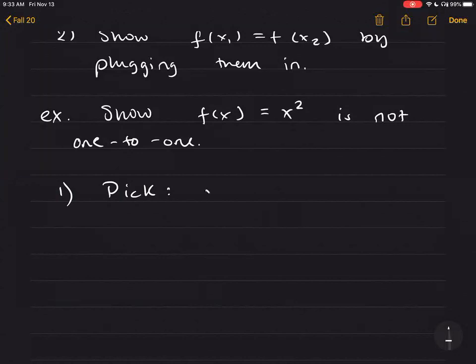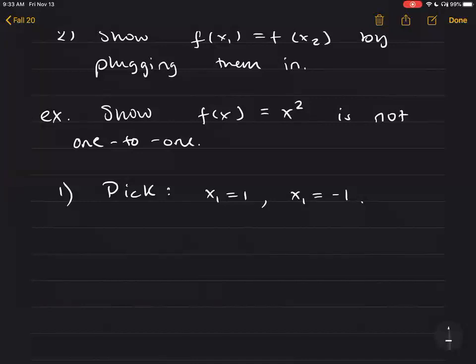For this problem, I'm going to pick x1 equals 1 and x2 equals -1. There's a little bit of experience and practice that goes into deciding what numbers are going to work out for you.